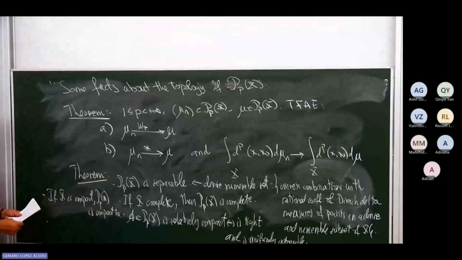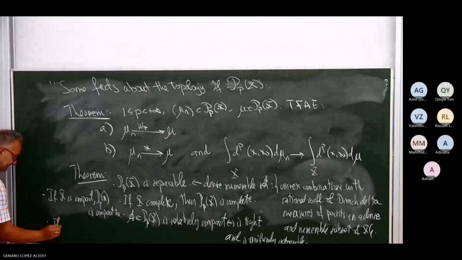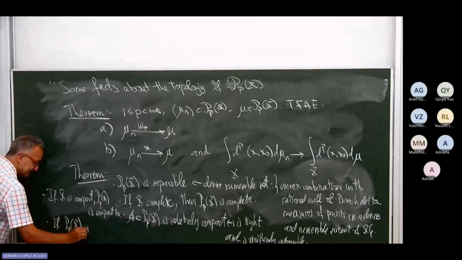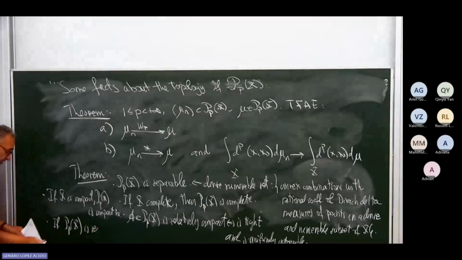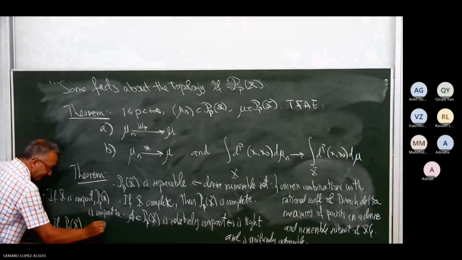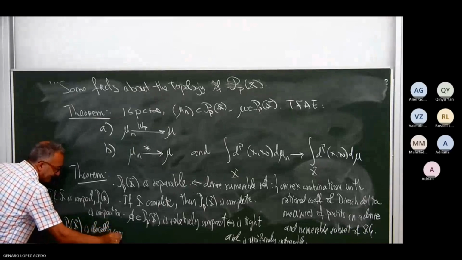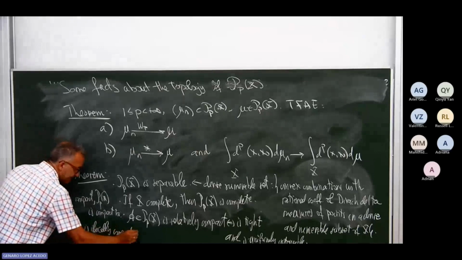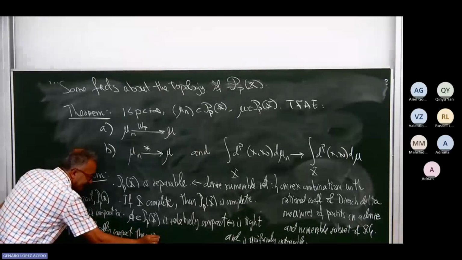And then if P of X is locally compact, this may be surprising, but it's the case, then X is compact.